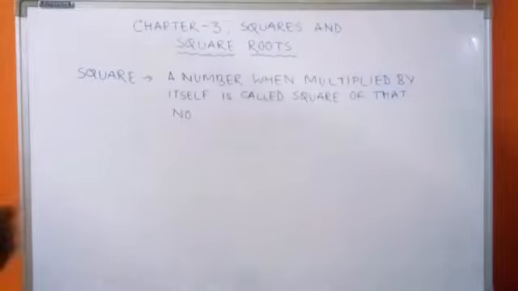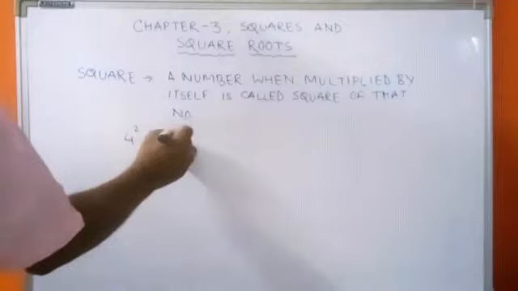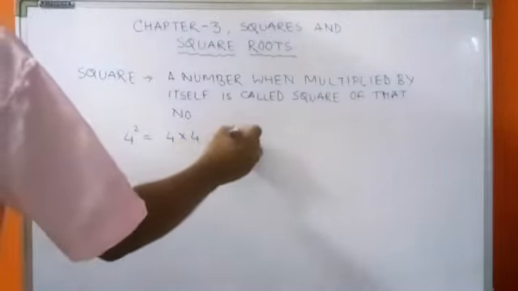That means if I write here square of 4, that means 4 multiplied by itself, which value is equal to 16.